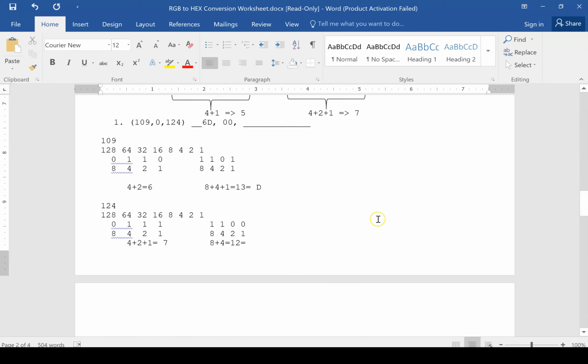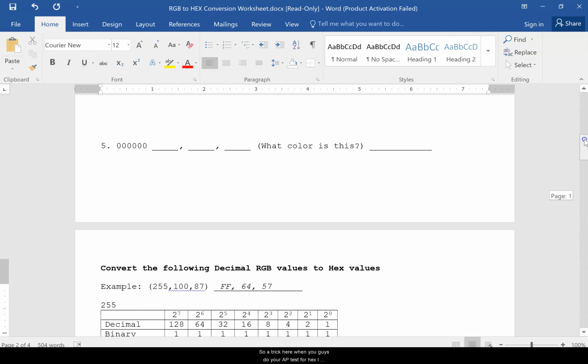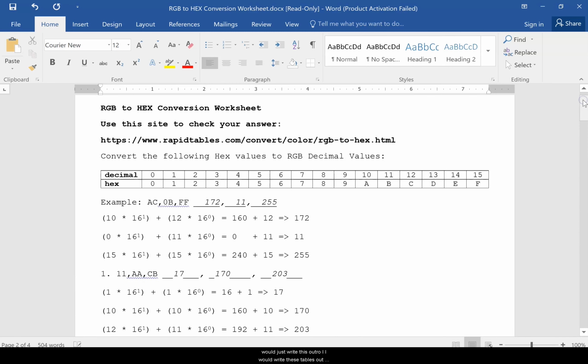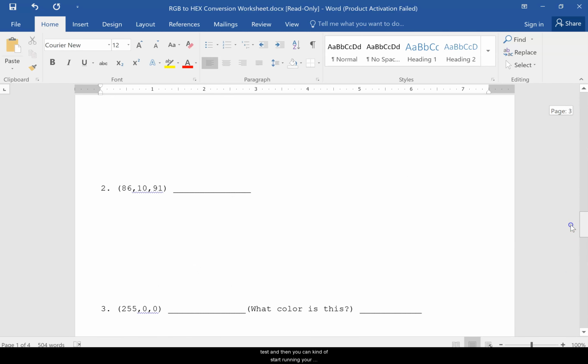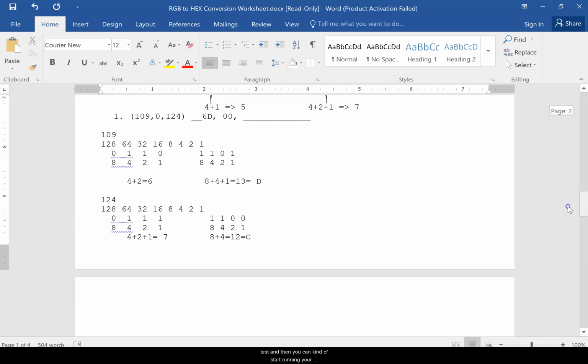So, C. So a trick here, when you guys do your AP test for HEX, I would just write this out. I would write these tables out, because they're probably not going to give this to you, but if you write it out, you'll remember it right away on the test, and then you can kind of start running your calculations.